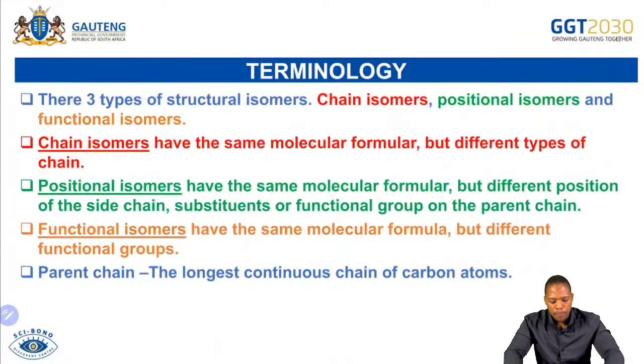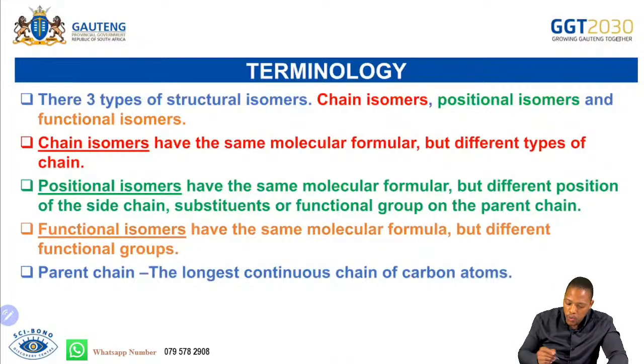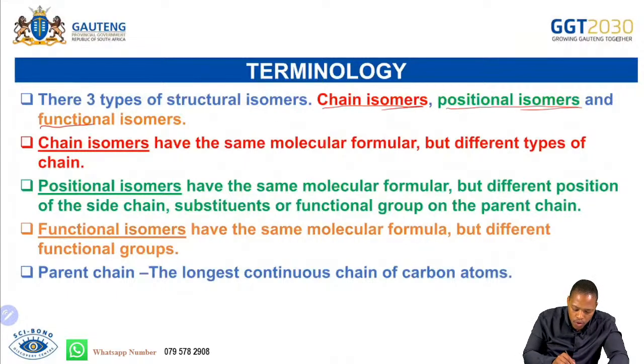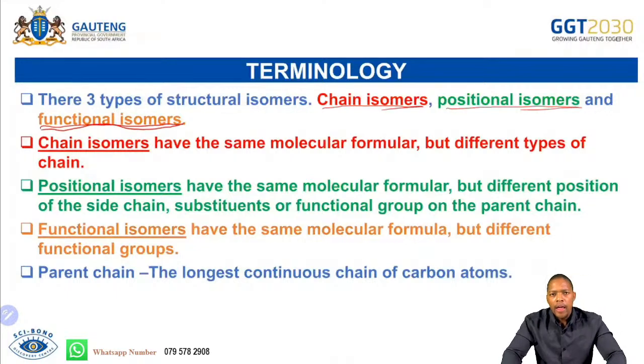Okay, so grade 12, there are 3 types of structural isomers that you need to know. You need to know that there is a chain isomer, there is a positional isomer, there is also a functional isomer. Okay, right, so chain isomers also will have the same molecular formula, but different structural formula.